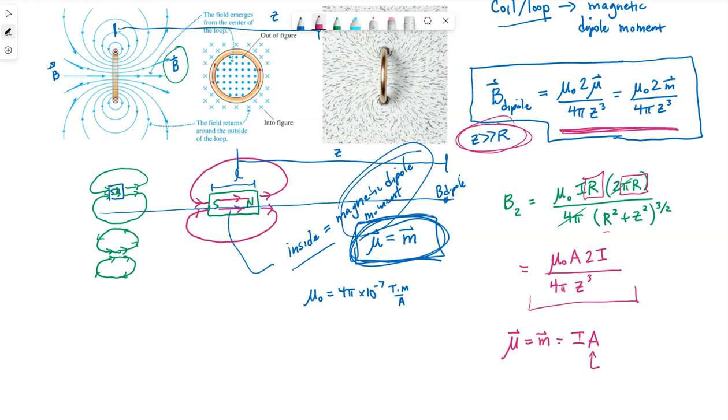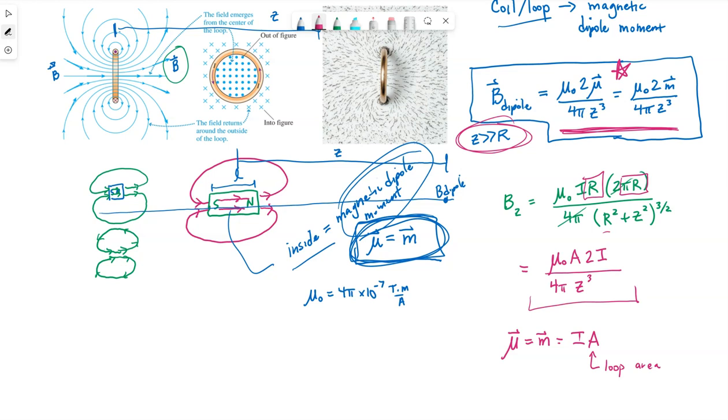So this is specifically for the loop. The loop area gives me the magnetic dipole moment. And then I could use this equation up here if I'm looking for the magnetic field along the axis very, very far away.